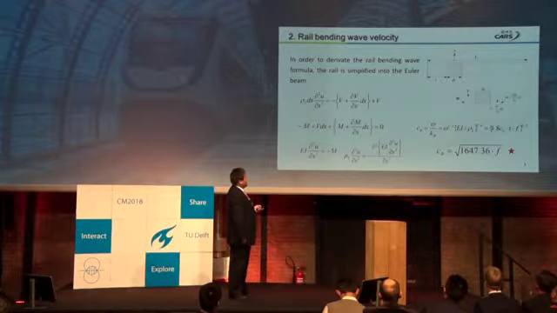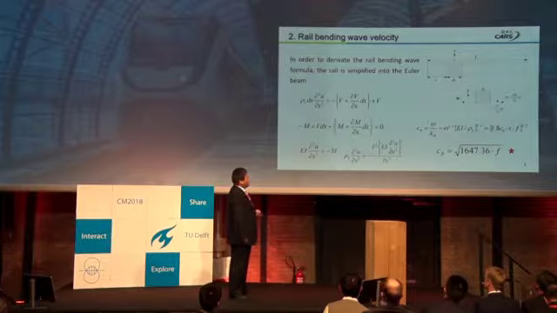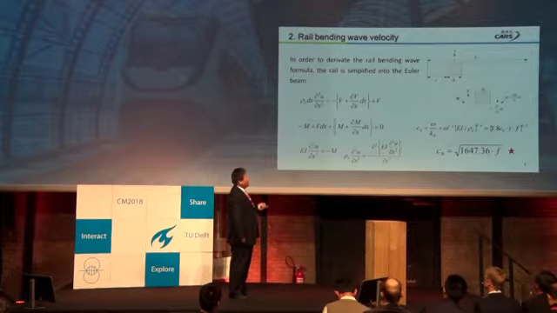In China, CL, the longitudinal wave velocity, is about 5,200 meters per second, and T represents the height of the rail, which in China is 176 millimeters.